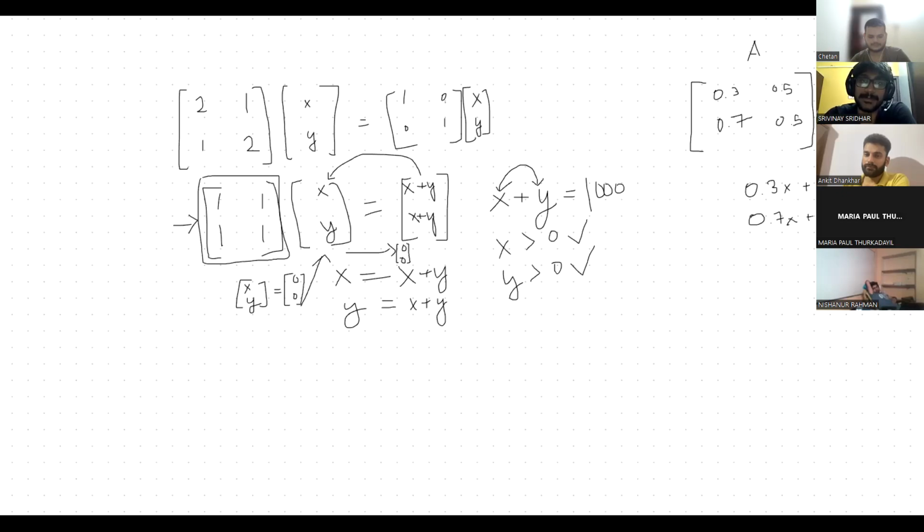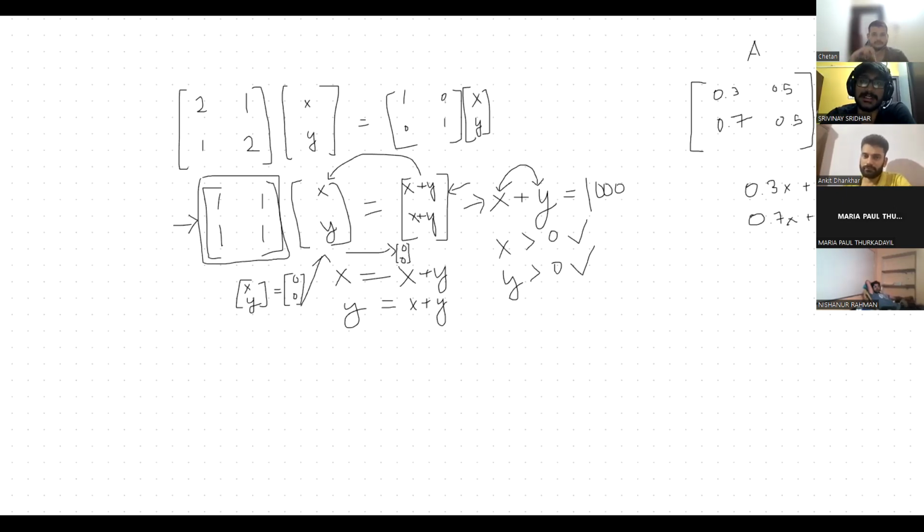So is there any other, I mean, see, that's the thing. This condition obviously tells us that this is not the right condition that has to be satisfied. But one more thing to see is, we wanted xy such that the output is also x and y.